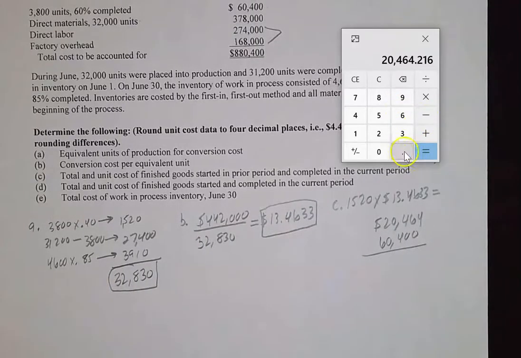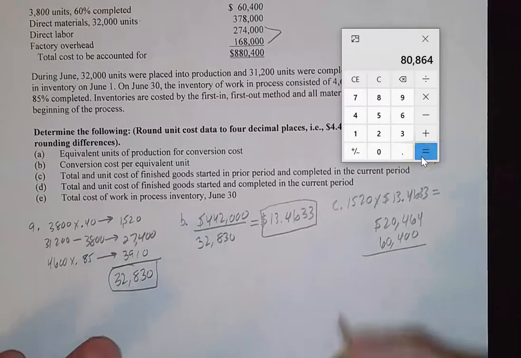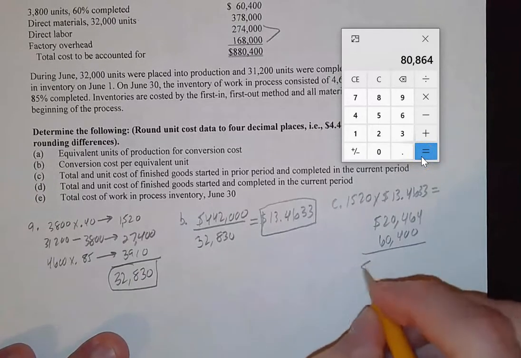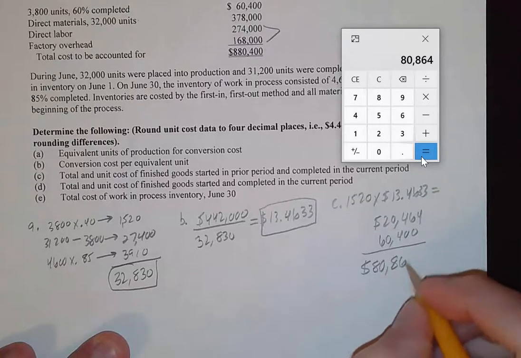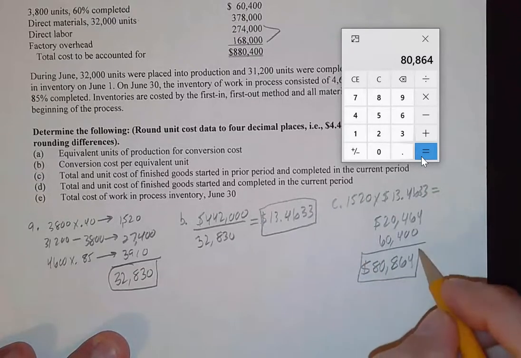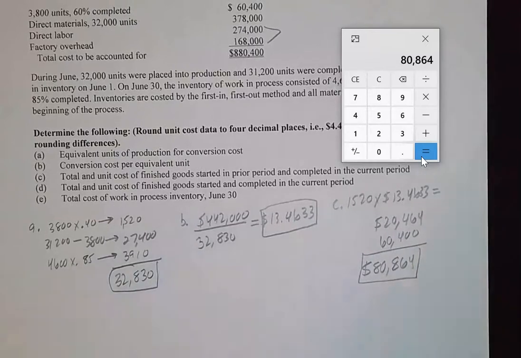I just adjusted by 0.216 to get to an even number. So 20,464 plus the 60,400 is going to give us 80,864, and this is going to be one of our answers actually, because they want the total cost. That's 80,864.